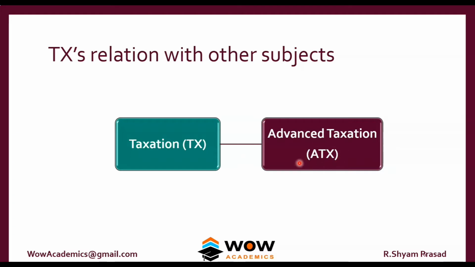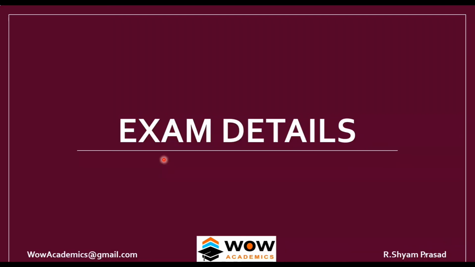If ATX is not going to be your professional choice paper, then you can ignore certain elements, because you can still pass by eliminating certain areas. For any subject, you can eliminate certain areas and still pass the exam. But if you're going to attempt advanced taxation, then it will be better if you read 100% of the taxation paper. So let's see the exam details.